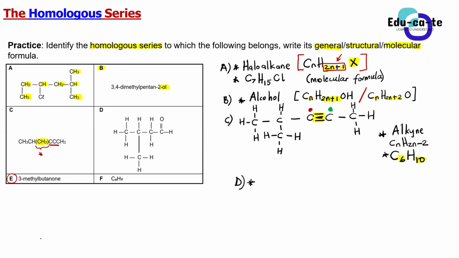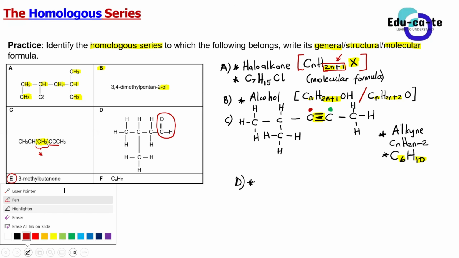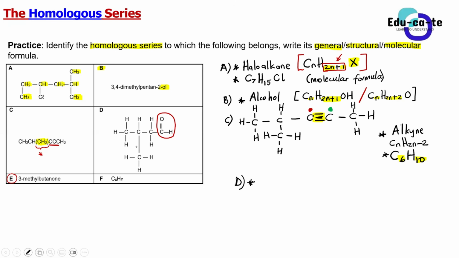Because there is a formyl group. There is a formyl group, guys, and I described how a formyl group looks like. A formyl group is a carbon that is double bonded to an oxygen, and that carbon is bonded to a hydrogen next to it.